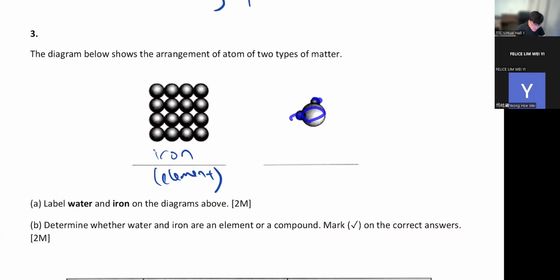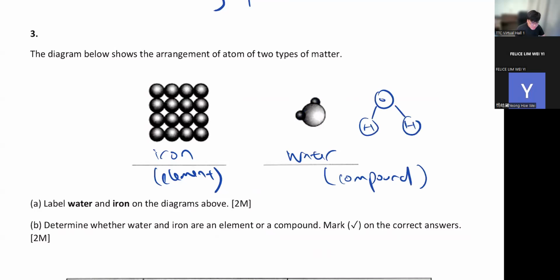So when you see this, this is obviously water. Water is a compound, because water looks like this. One oxygen marries two hydrogen. Can you see this line?